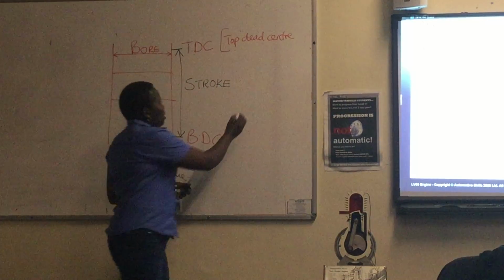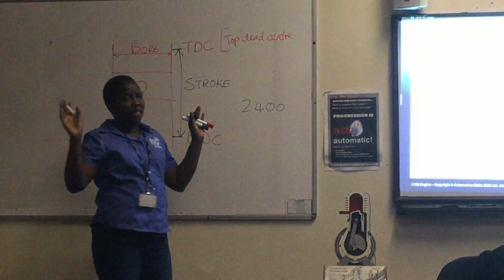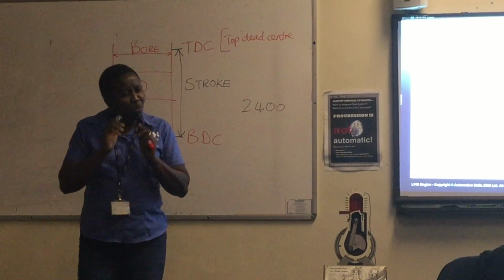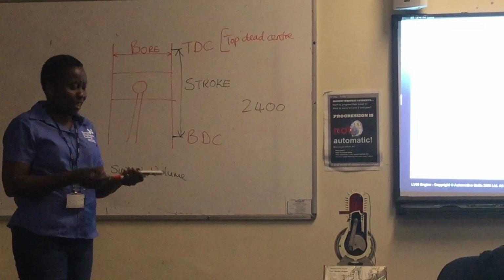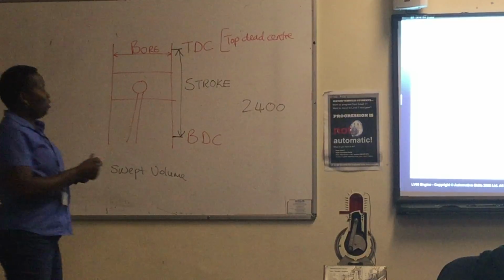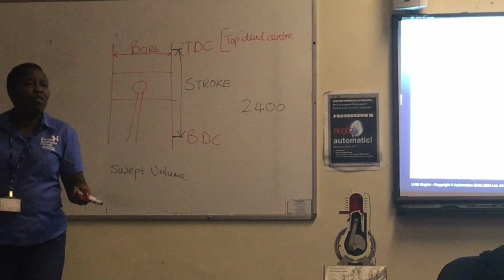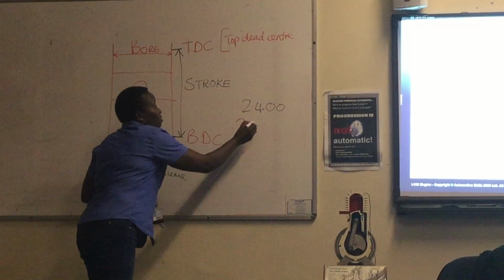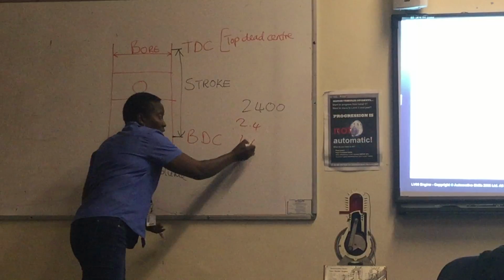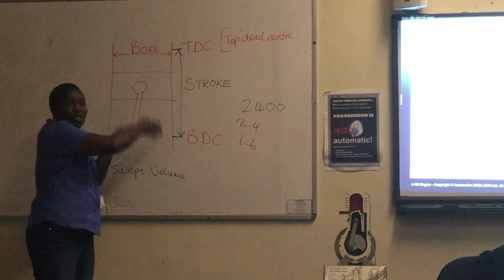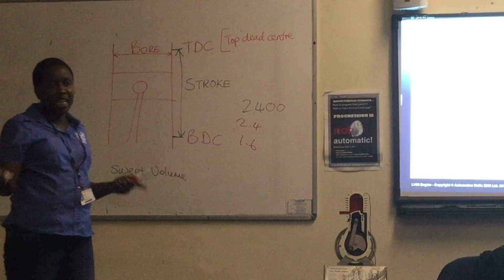Then we will come up with maybe 2.4 whatever cubic millimeters. Those are then converted to liters. Then at the end of the day, you will say, I bought a Hyundai Santa Fe, which is a 2.4 liter. I bought a Corsa, which is a 1.6. We mean they are talking about the swept volume which is displaced for that particular engine.